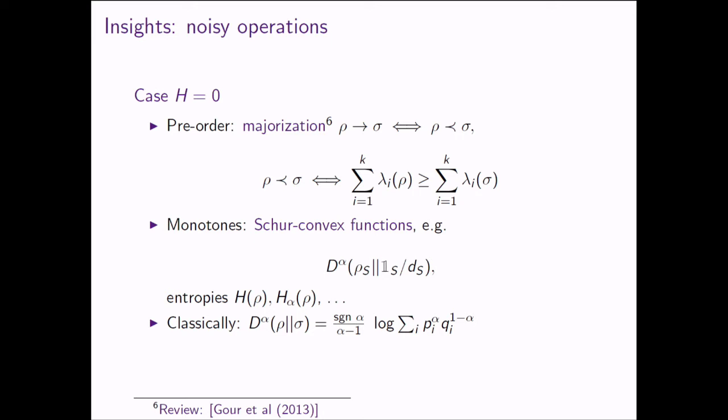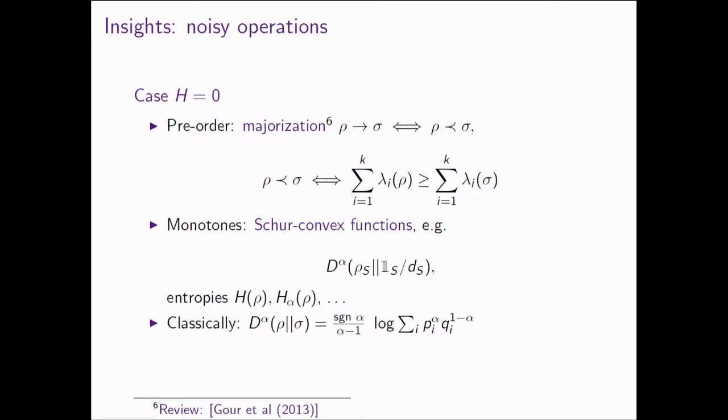For the others, this is almost like an asymmetric kind of distance measure. Okay? It's not a distance because it's asymmetric, but it acts like one. So it's a monotone under these operations, and the more similar rho is to the state on the right, the smaller this is, or the bigger.